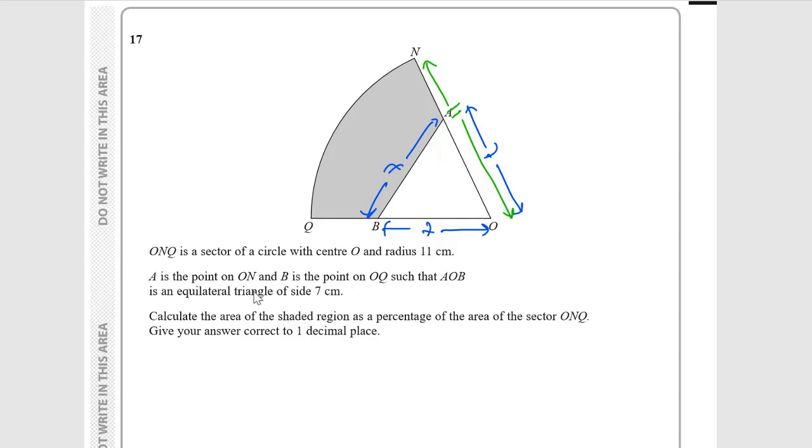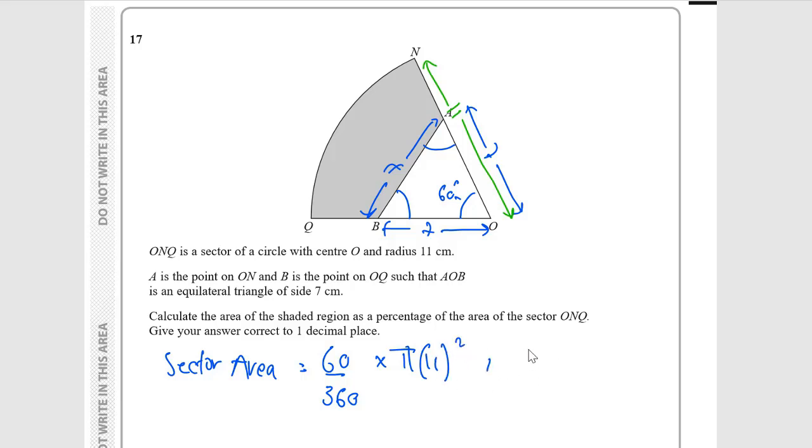Okay, so the sector area is going to be 60 over 360. So this here is going to be 60 over 360 because we know it's an equilateral, times by pi 11 squared, because remember we have the area equals pi r squared.